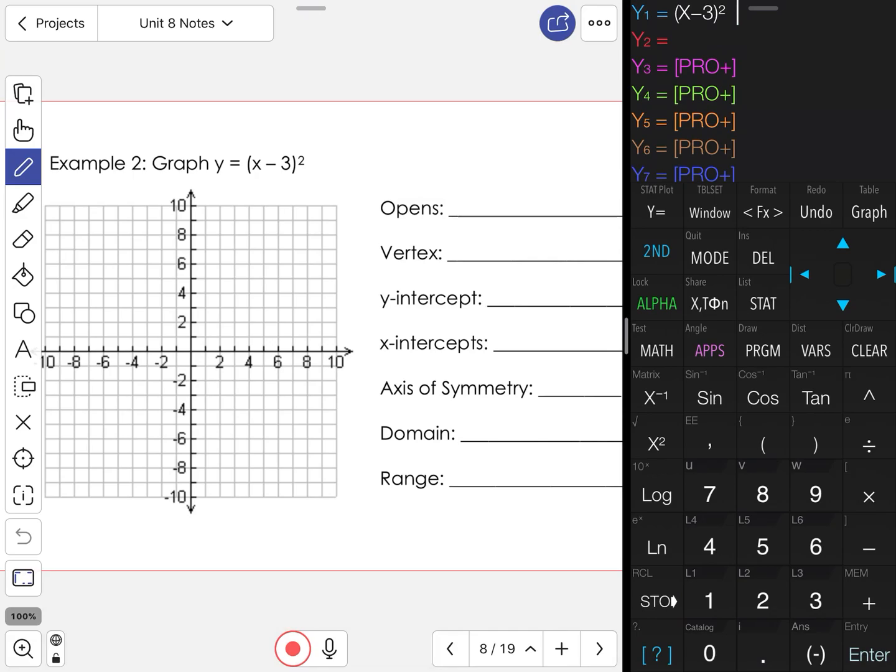So we need to go to our table and find, so hit second graph and hit as many points as we possibly can.